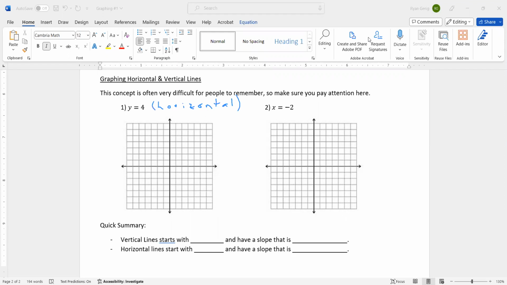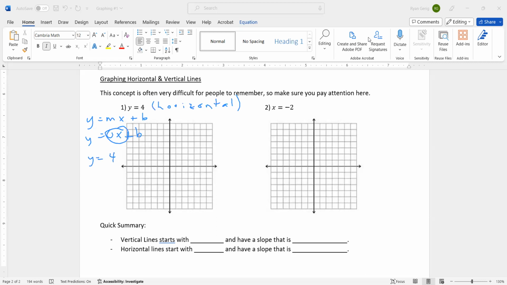y equals 4. So I still have y equals mx plus b. Just doesn't look like it. Basically, the x is gone. What number would I have to put in for m to make x disappear? It would be 0, right? If I put 0 in for m, 0 times x is 0. So I'd get y equals b, or y equals 4, right?